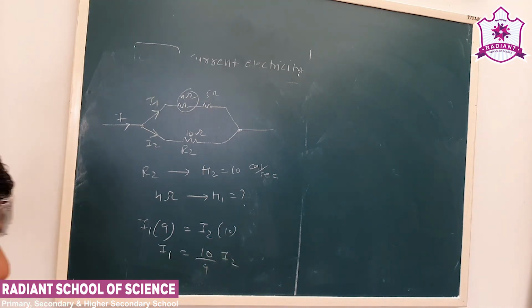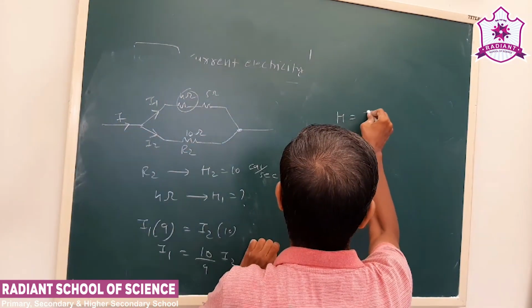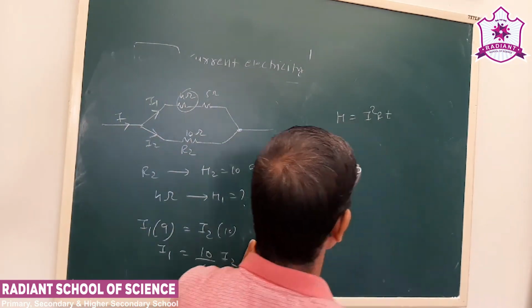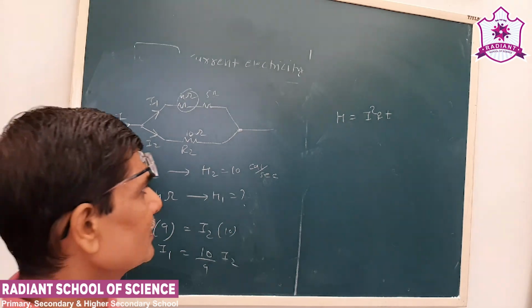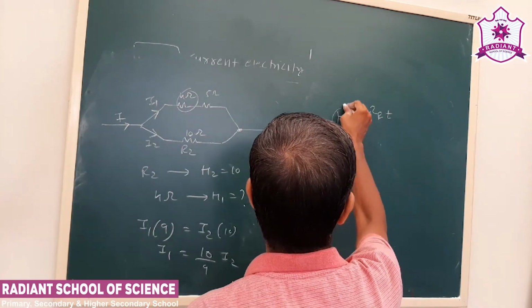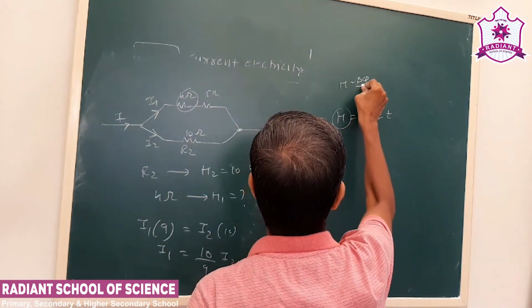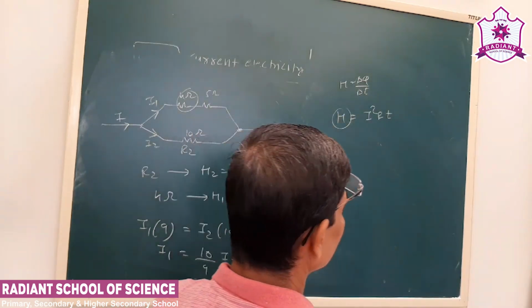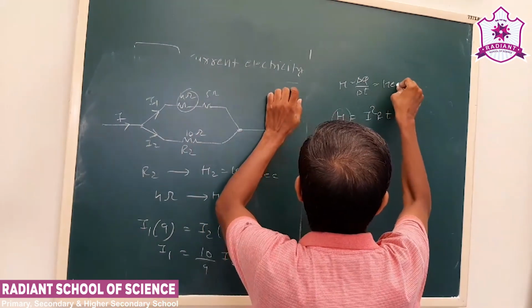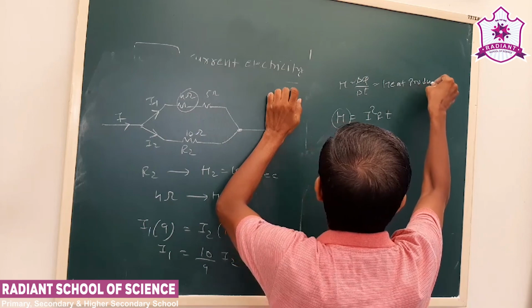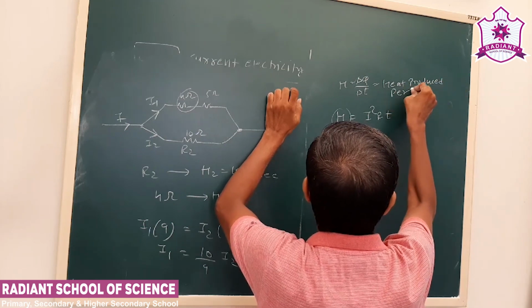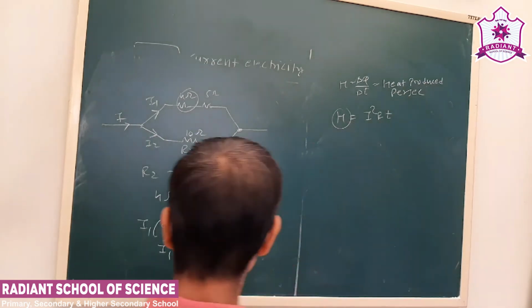Now joule heat formula, H is I square RT. That is heat produced per second. H is nothing but heat produced per second.